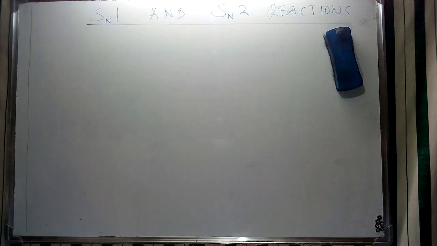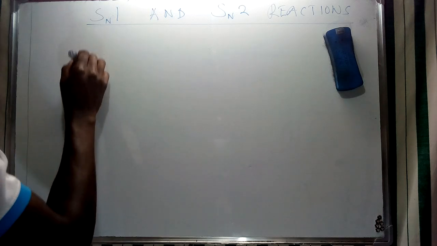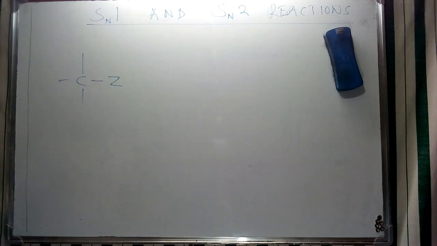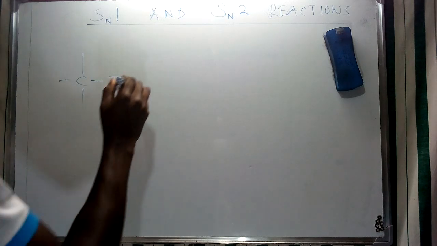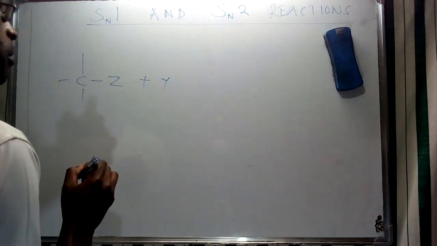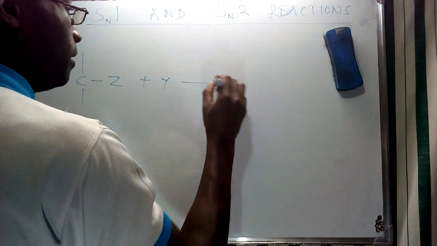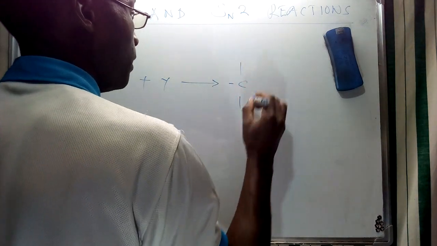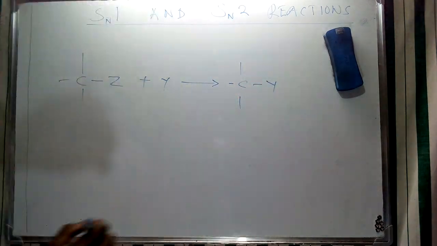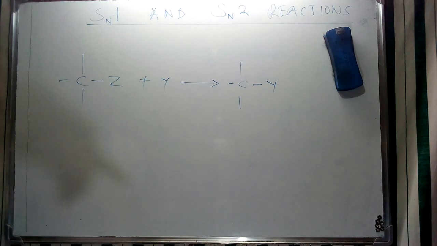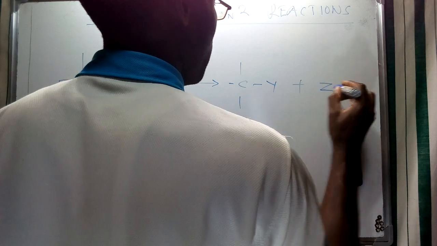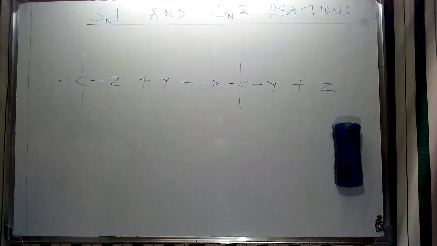So if I can just give a general example, if we have a chemical species, perhaps a molecule like this, that is undergoing a reaction with Y, this is going to lead to the formation of a product whereby Z is being replaced by Y in the product species, and of course there's an elimination of the atom Z from the reacting species.